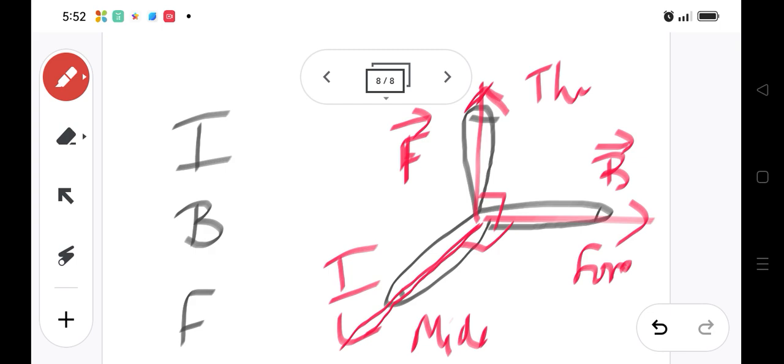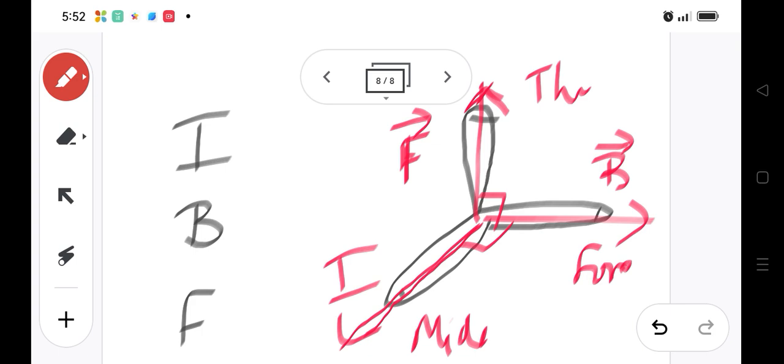So Fleming's right hand rule gives the direction of the induced current, magnetic field, and force in the case of generator. So that's all about the working of generator.